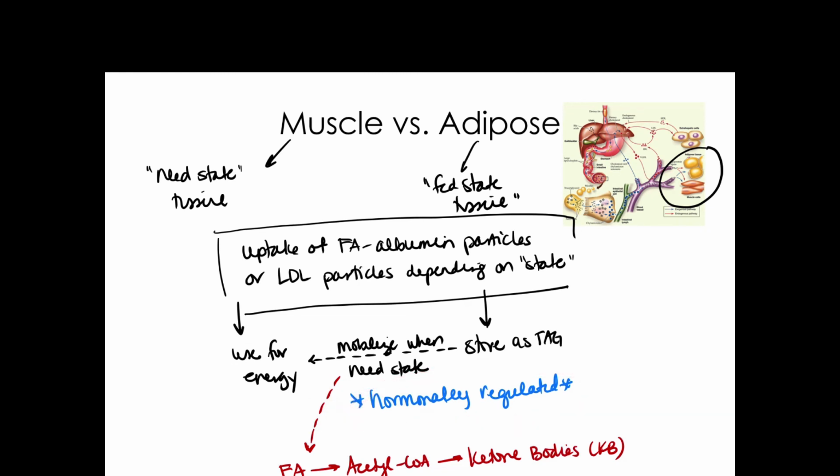We're going to deal with this when we talk about regulation of this pathway. So we need to take fatty acids that are stored as triglycerides, convert them into acetyl-CoA, and either use them locally for energy or convert them to ketone bodies to help other tissues.